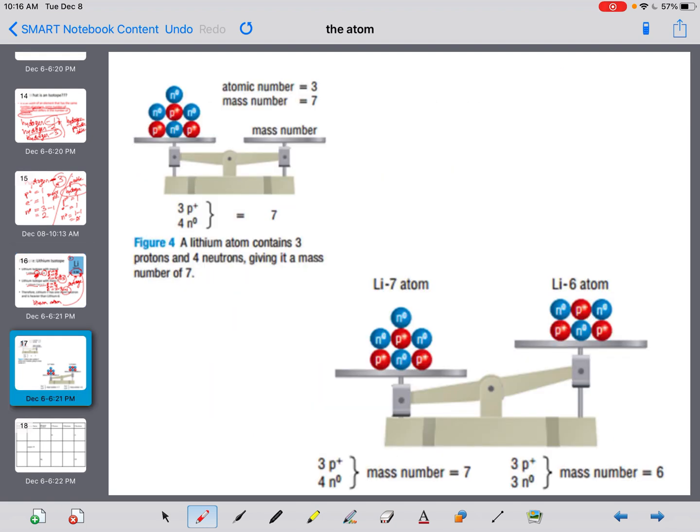Okay, so it's just a visual to show you. If you have lithium 7 and lithium 6, notice there are 3 protons in the nucleus. That doesn't change. What's changing is this has 4 neutrons and this has 3 neutrons, which is what we just looked at.